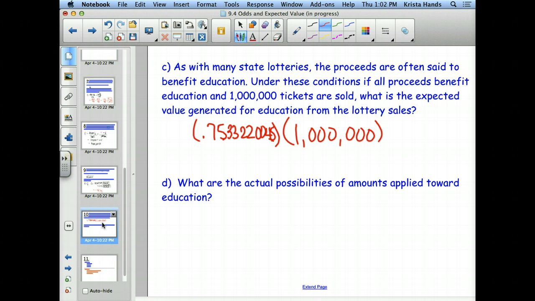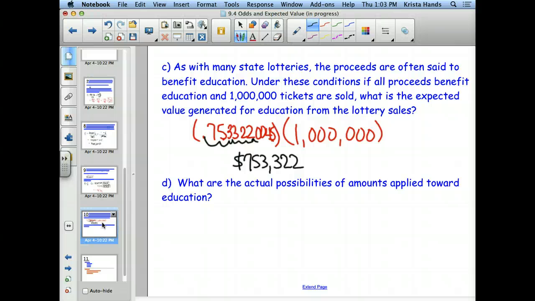So if I multiply by 1,000,000, I end up moving my decimal 6 to the right. Okay. So I do have $753,322. Is that written right? I just have it written down wrong here. Yeah, and actually it would be 1 cent, wouldn't it? Actually it wouldn't, because this 4 would round down to a 0. So yeah, that's actually what we have. Okay.